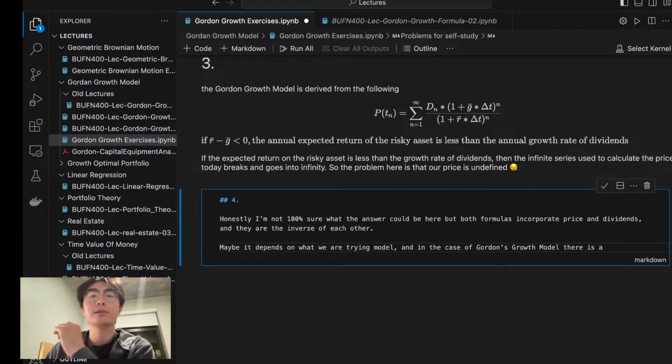I feel like the cap rate is defined as R minus G, which I would think is the risk-free rate. Okay, I guess not, because R bar is pi minus, right?